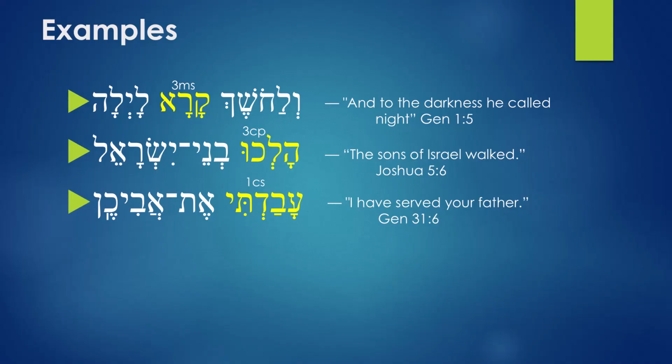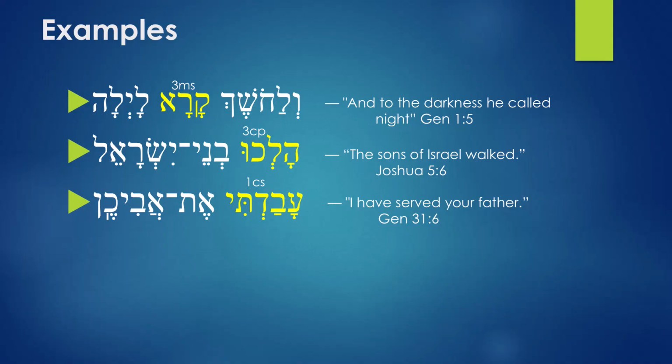So it's going to borrow the patach, and you're only left with la. And la means to the. And you have choshekh. Choshekh means darkness. And so you have and to the darkness, kara, he called, laila. Laila means night. And to the darkness, he called night.